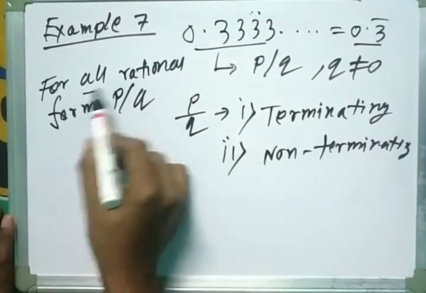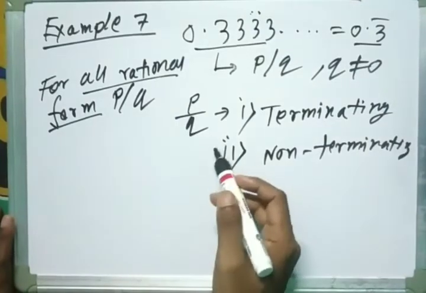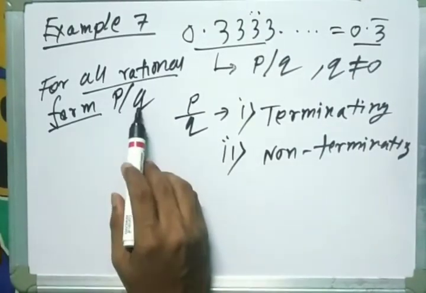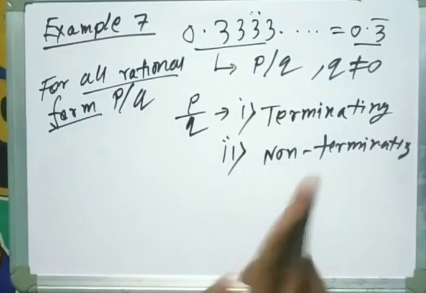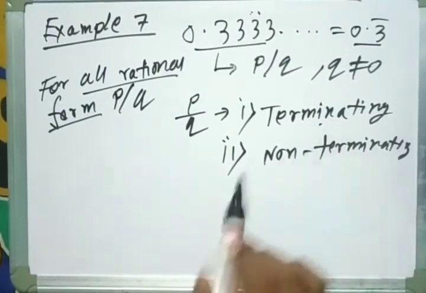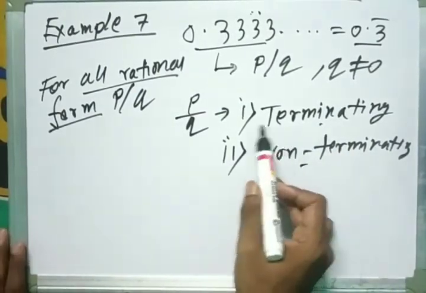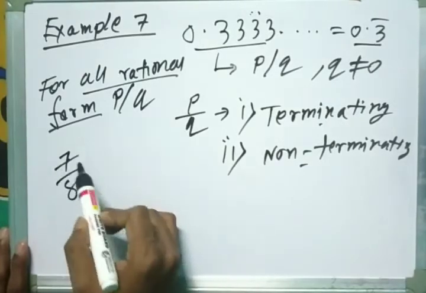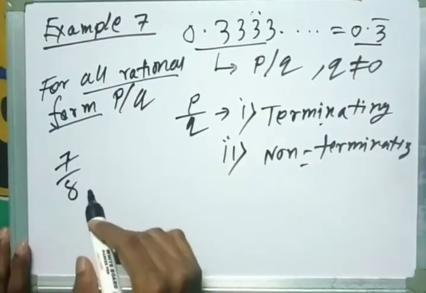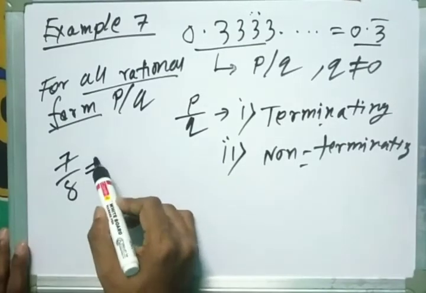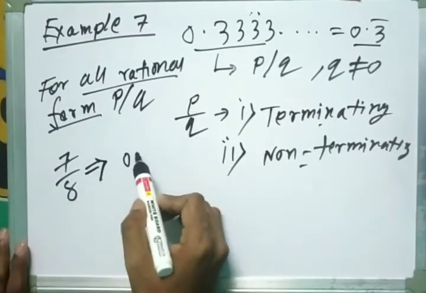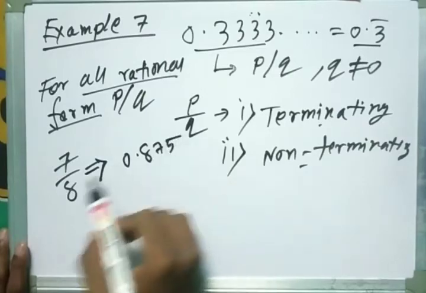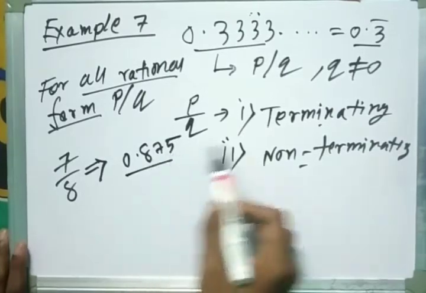So for all rational numbers, if we divide p by q, there may be two results. One is terminating, another is non-terminating. A terminating example is 7 by 8. So 7 by 8 is a rational number, and its result is 0.875, so this is terminating.